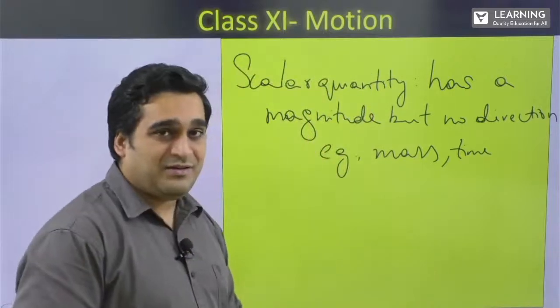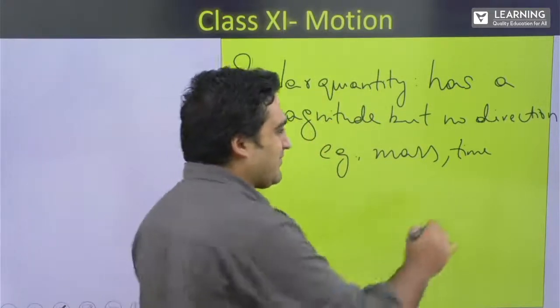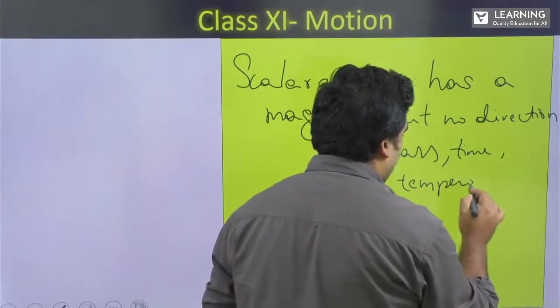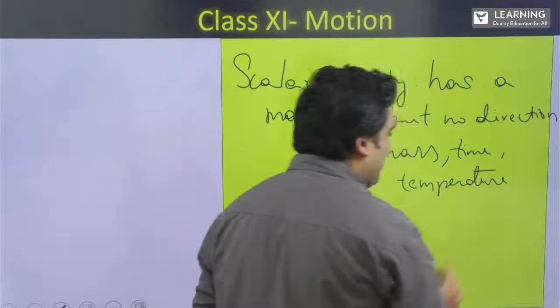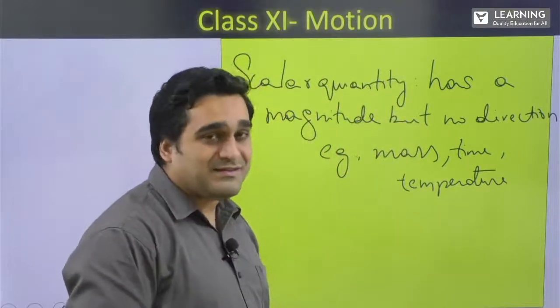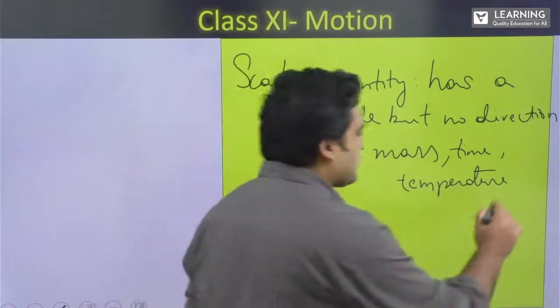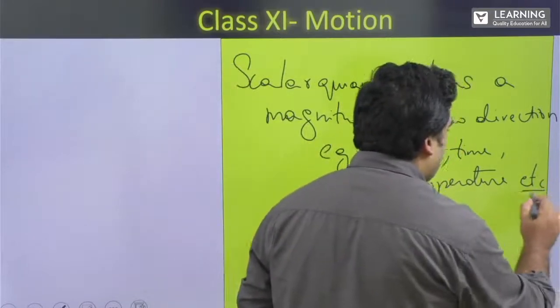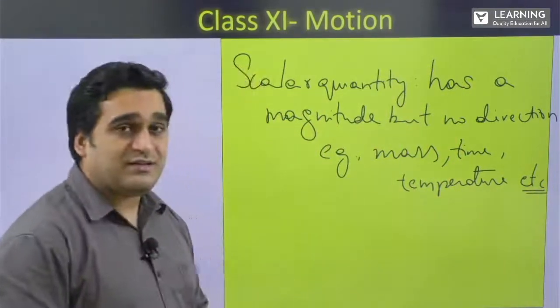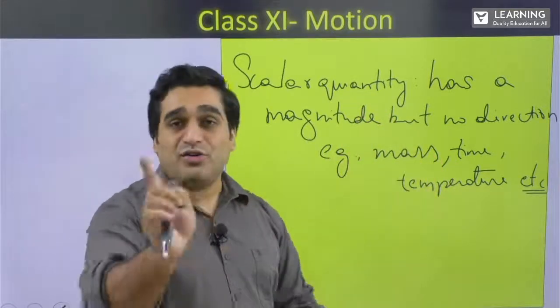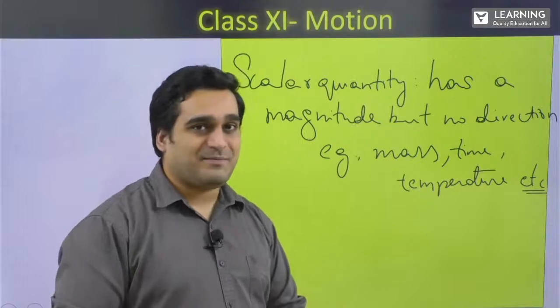Any other? Temperature. Any more? Yes, there are more. I want you to go ahead and explore what other quantities have only magnitude, a value, but no direction assigned to them.